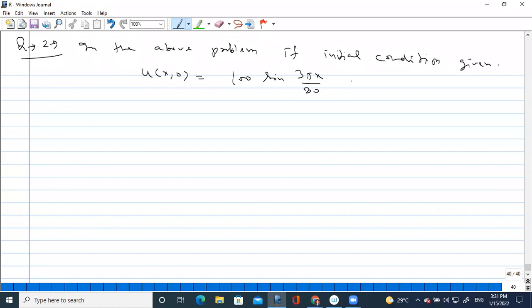So the initial condition is given as u(x,0) equal to 100 sine 3 pi x by 80. Find B portion. So B portion means that time you have to find when the maximum temperature will come to 50.